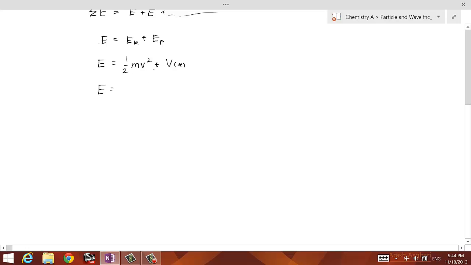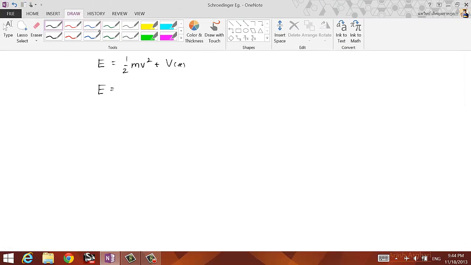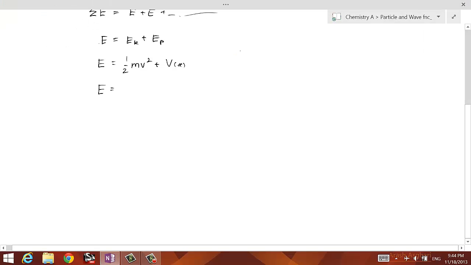Now E equals half m v squared, but I don't want half m v squared; I want some other form, in terms of momentum. EK is half m v squared, and momentum is m v. I square both sides: p squared equals m squared v squared.